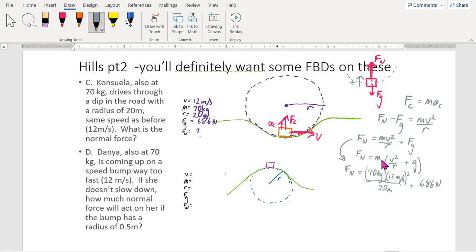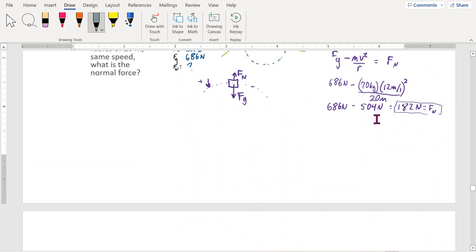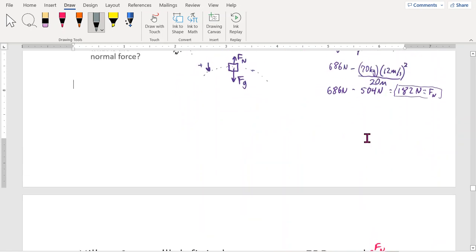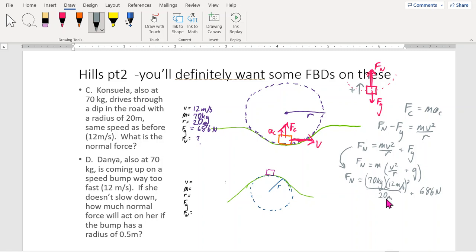We know that the centripetal force, or the net force, is 504. Now, instead of subtracting, we're just adding 504 plus 686. Ooh, interesting. 504 newtons plus 686 newtons. That's the normal force. Normal force equals 1190 newtons.